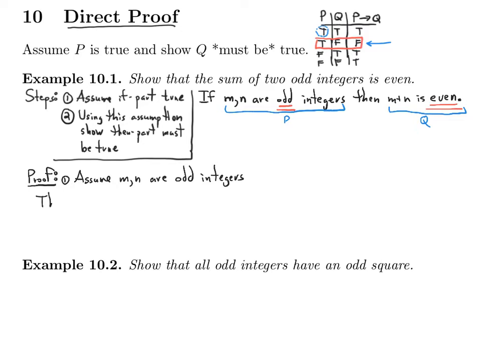So we're going to use our ideas from the previous video to express these odd numbers, m and n, algebraically. Thus, let's say m equals 2 times some number k, some integer k, plus 1, and n is going to be, and this is important, 2 times a different integer, l, plus 1. Or maybe you wanted to use k1 and k2 or something like that.